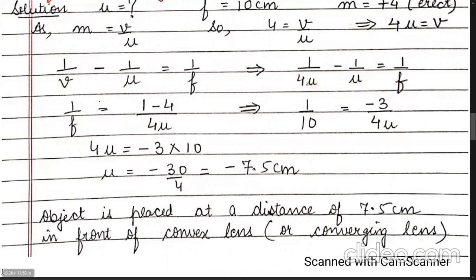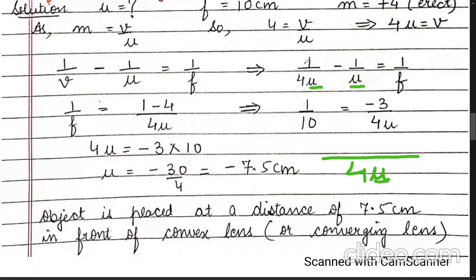Now let us take the LCM here. The LCM of 4u and u will be 4u only. Don't write u square. It is 4u. Since u is common, it will come once.